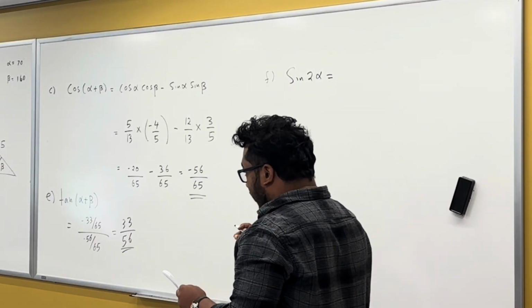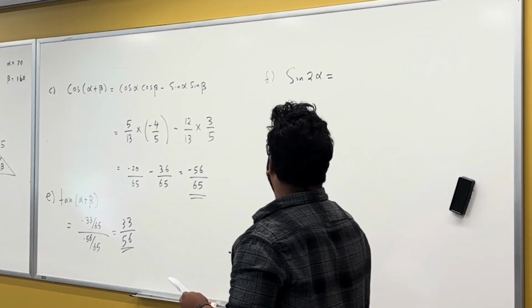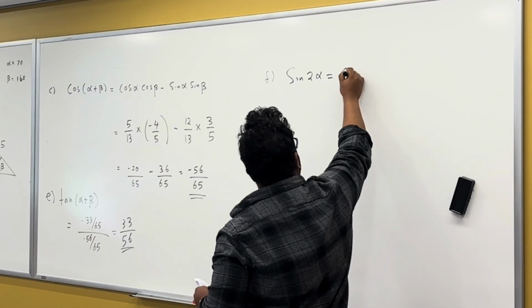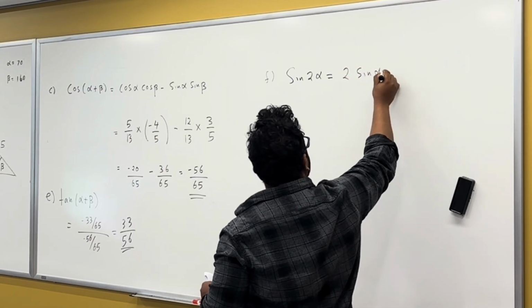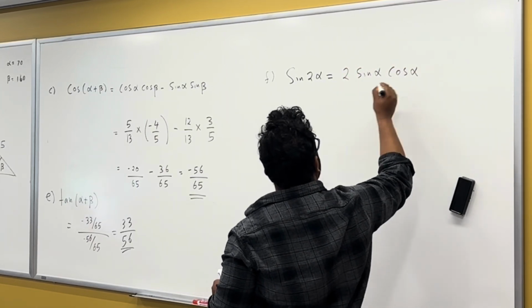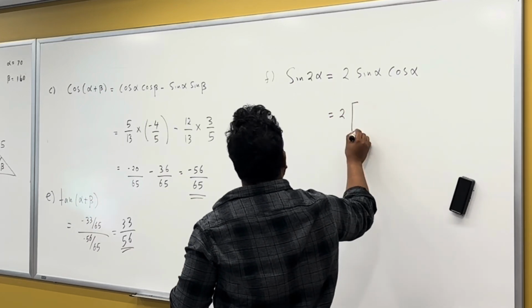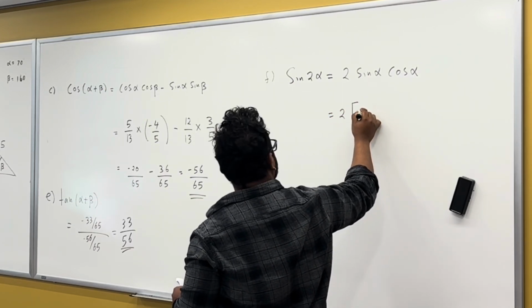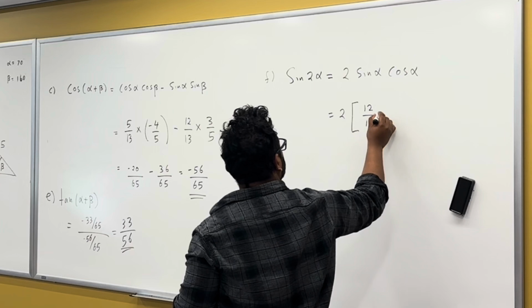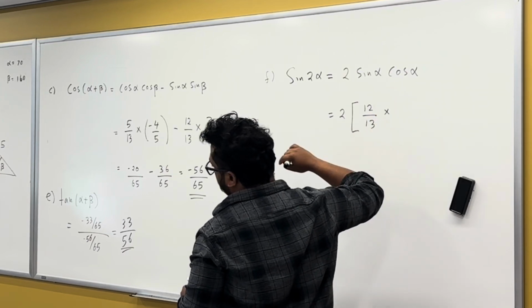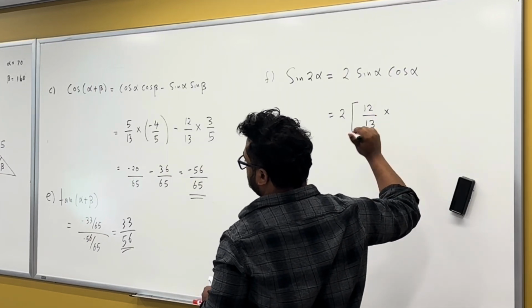I know sine alpha, but what is sine 2 alpha? Sine 2 alpha is equal to 2 sine alpha cosine alpha. Sine alpha is given, 12 over 13. Cosine alpha I found, which is 5 over 13.